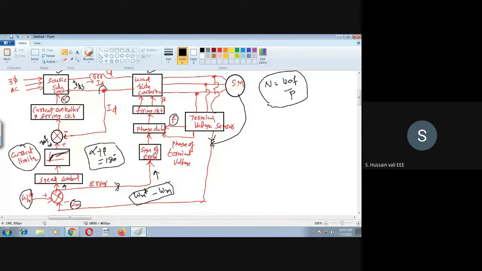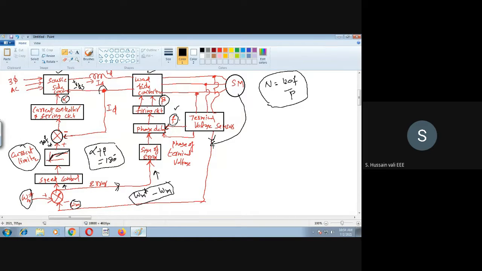So based upon that, you will have this firing angle beta. See here, very simple thing. Once again, the actual frequency you will sense, because you need the frequency. By changing the frequency only, you change the speed here. And the phase angle of the terminal voltage also you require here.